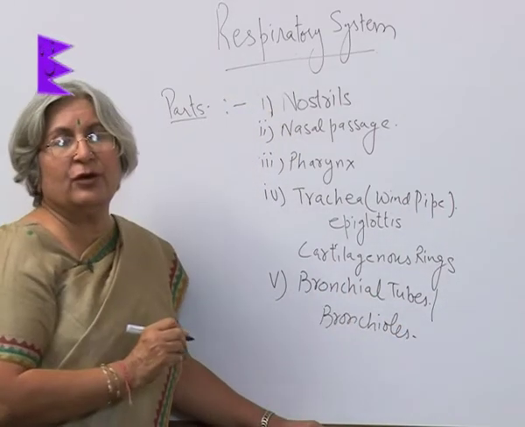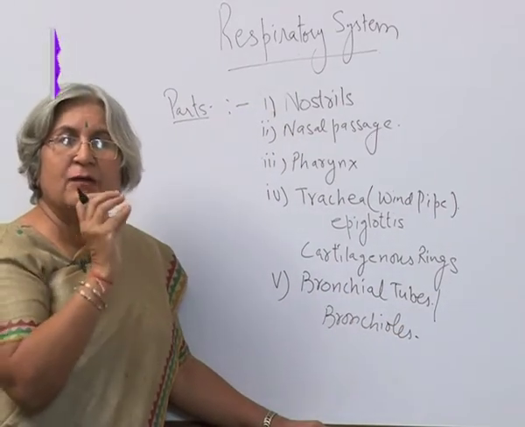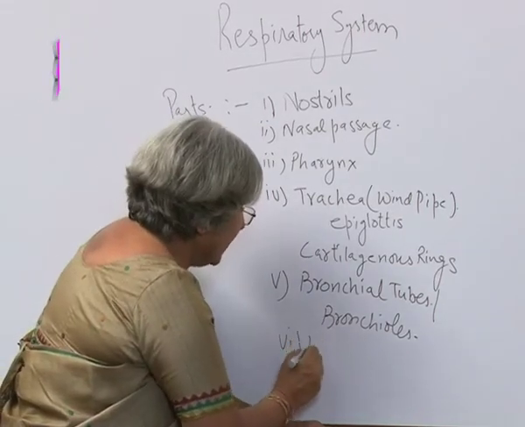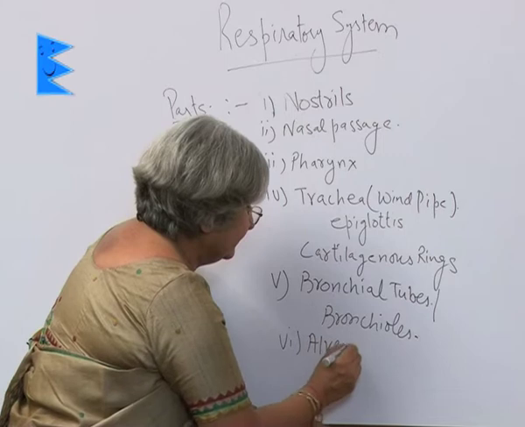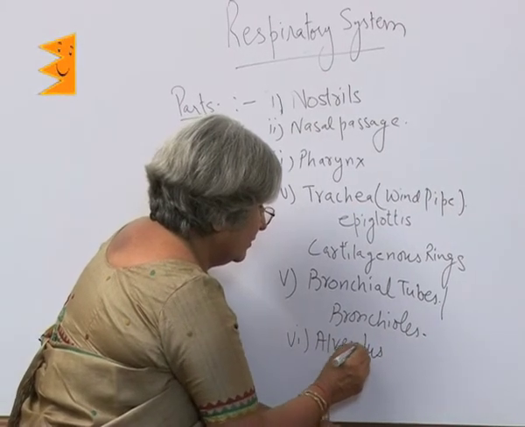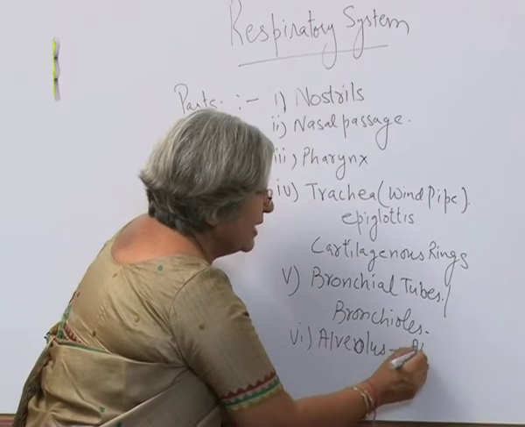Each bronchiole ends up into a rounded grape-like structure called alveolus. The plural is alveoli.